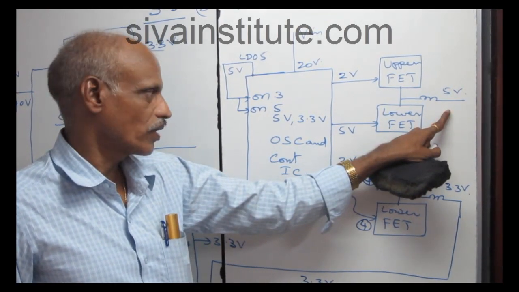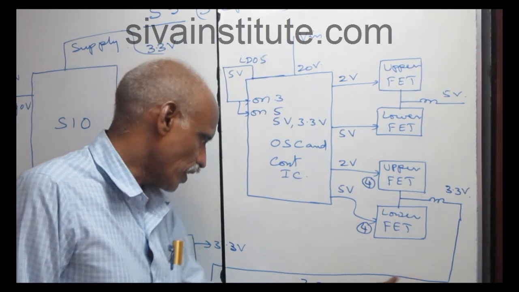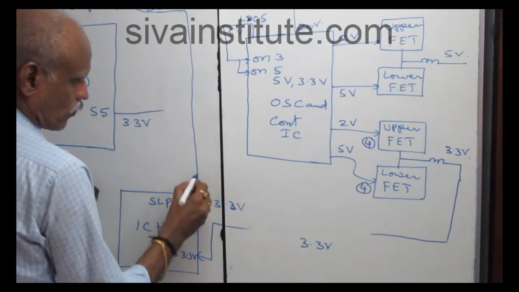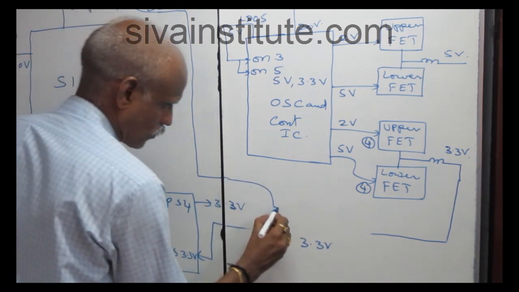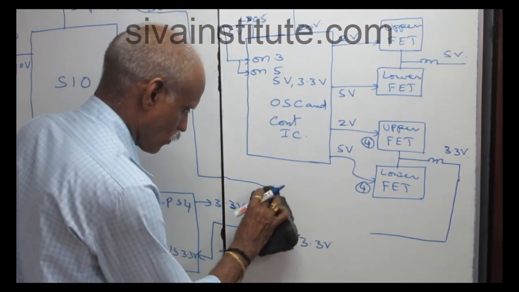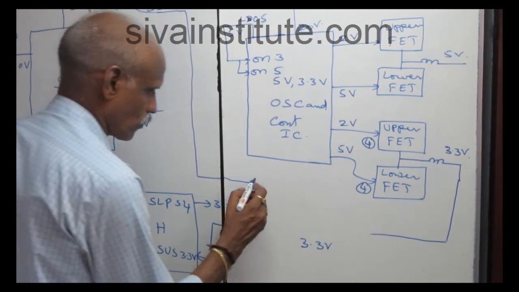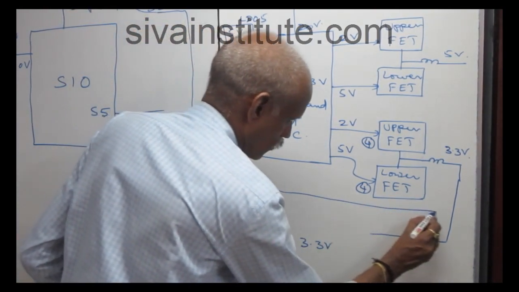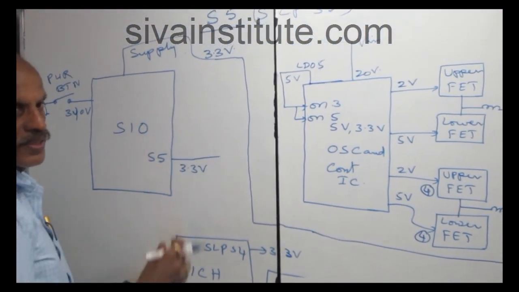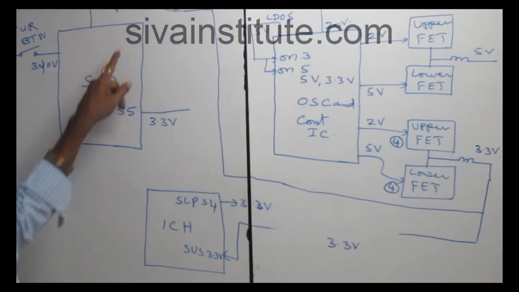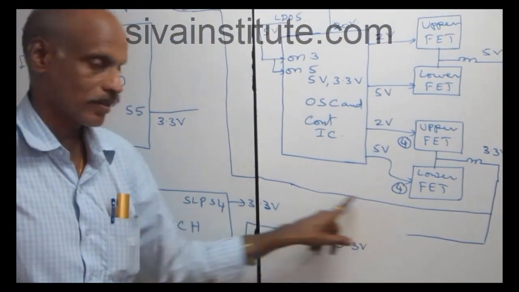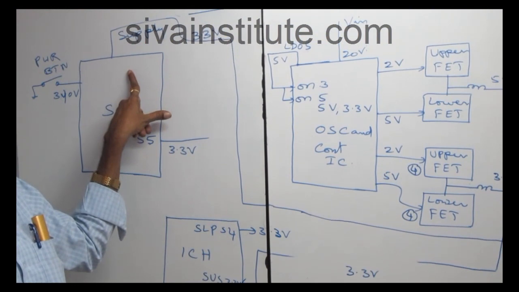After this, the voltage will come here. This voltage goes to the SIO chip. Without pressing the power button, this voltage goes from here. This voltage goes to the SIO chip.